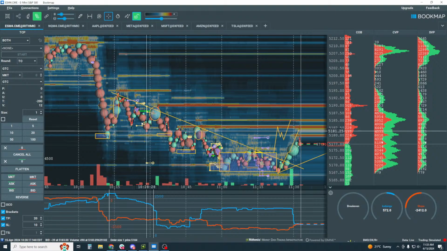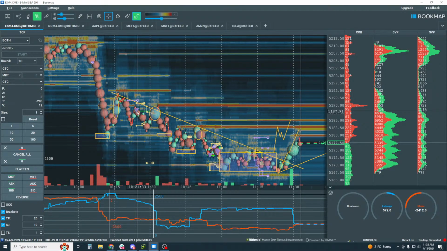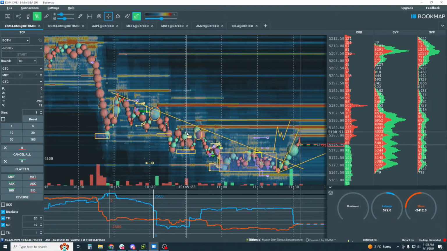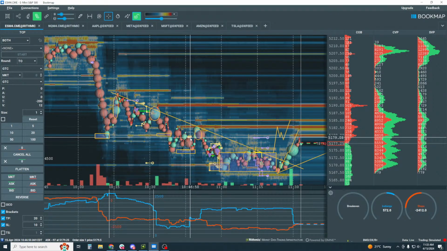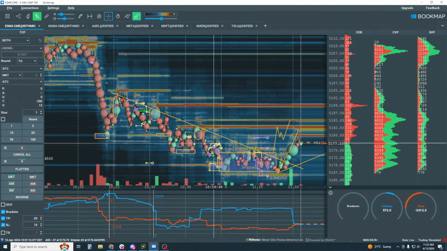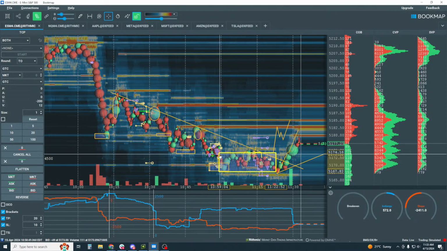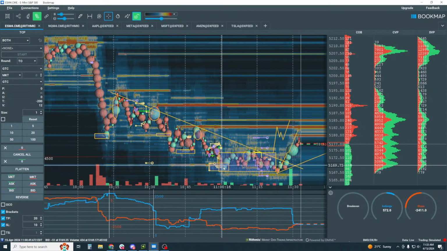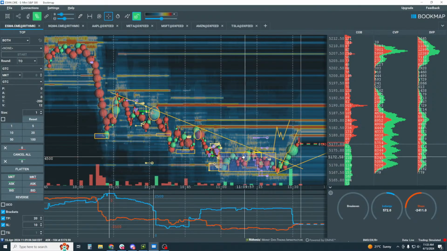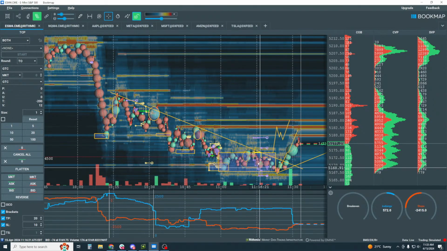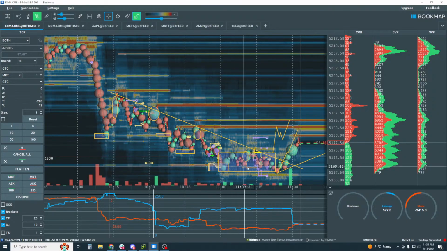We had a nice move here that we caught on the pullback strategy, scratched, and then we had a buyer in here, stopped out, and then a seller, a nice win, made up for the loss, and then we're looking for a reversal in here, and this is what happens.